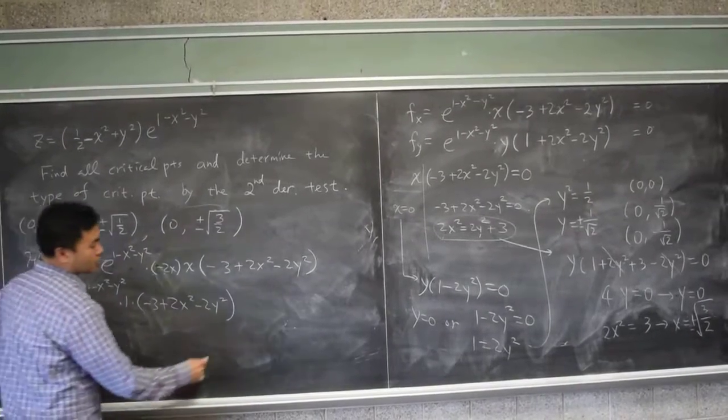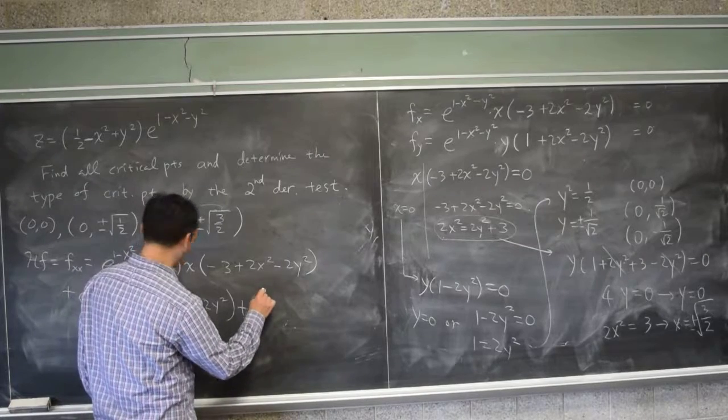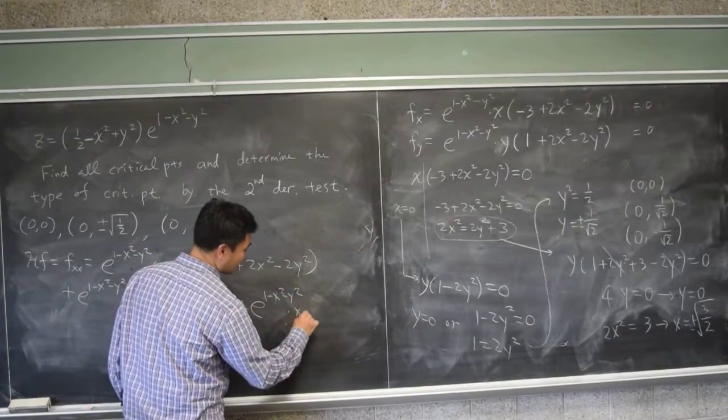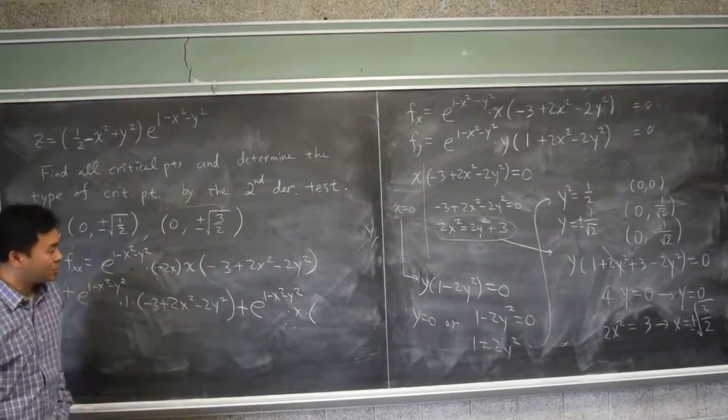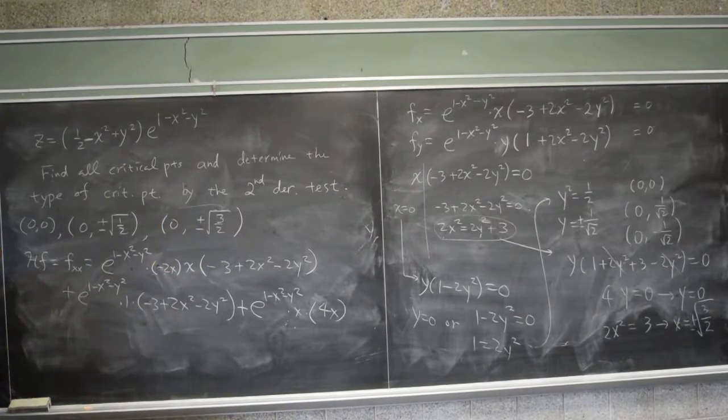And then the last one I have to differentiate, which is e to the 1 minus x squared minus y squared times x times the derivative of the last one, which is 4x. So that's what I get if I differentiate f of x by x.